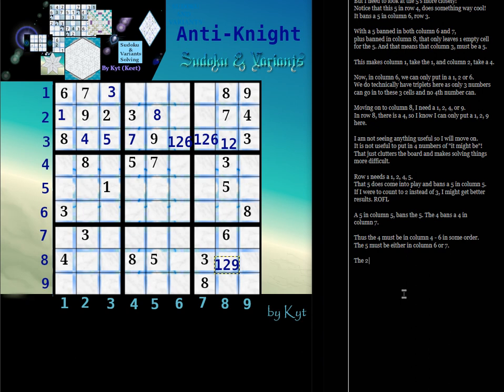The 2 bans a 2 in column 5, row 1. Thus, we can put a 1 or 4 in this cell.